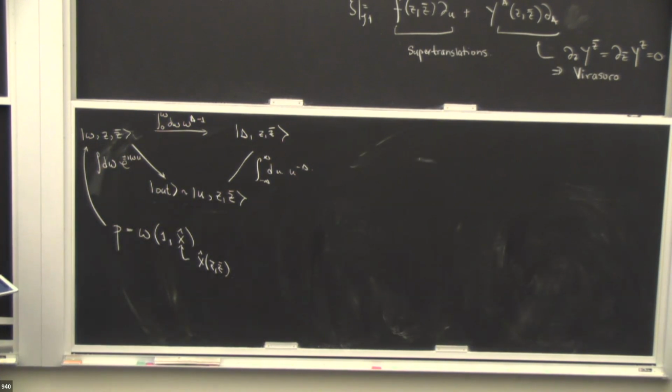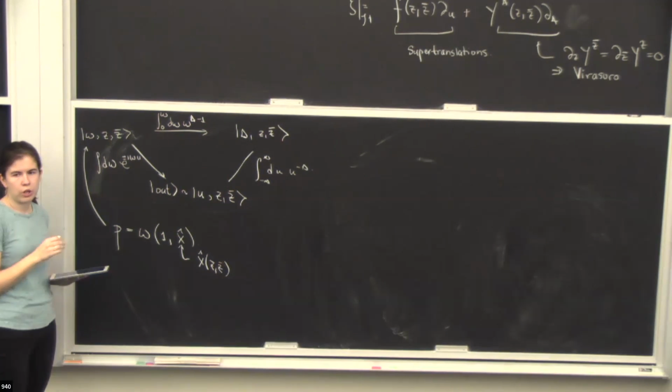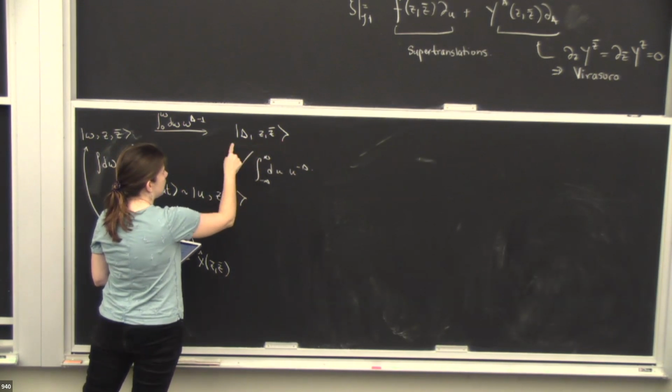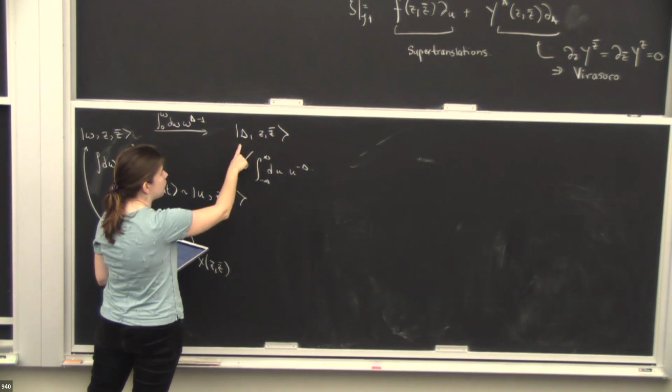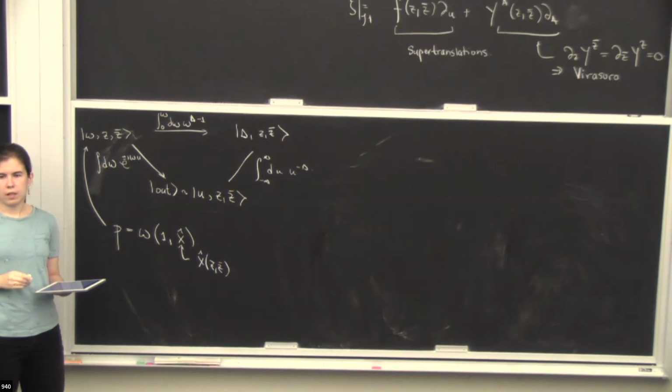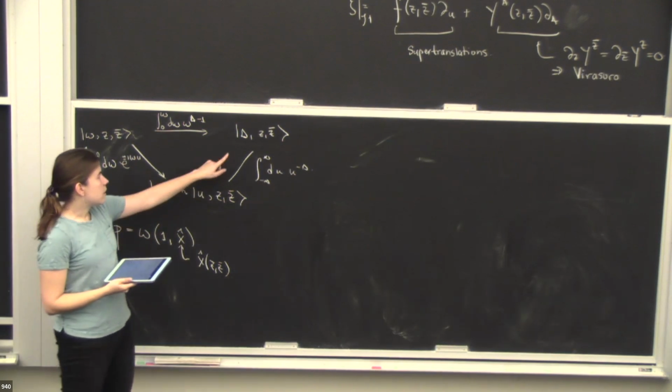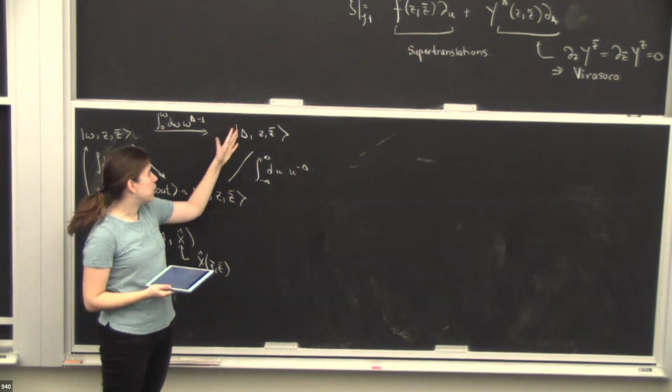What was shown by Sabrina Pasterski and Shu-Heng Shao is that these states, for both massless and massive particle states, form a complete set of states, provided that this dimension delta takes a particular form.